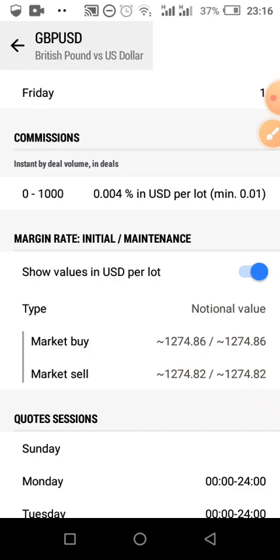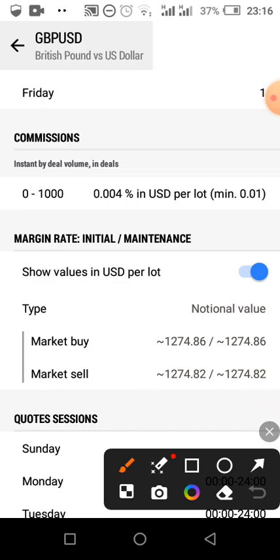Maintenance margin will not be charged on the same day that you open your trade. And even if it is charged when we go into the next trading day or beyond, it would have only been charged once. It will no longer be charged every day like what happens with swap fees, which I explained earlier.